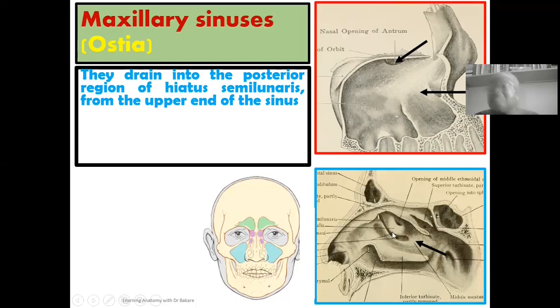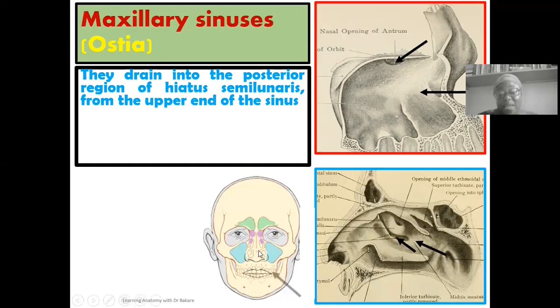We already described in our previous slide that the anterior part of the hiatus semilunaris receives the frontal sinus and also the anterior ethmoidal sinuses. So if you go down the hiatus semilunaris, at the posterior part is where we have the opening of the maxillary sinus. So the maxillary sinus is also opened into the hiatus semilunaris, specifically in the posterior part of the hiatus semilunaris.